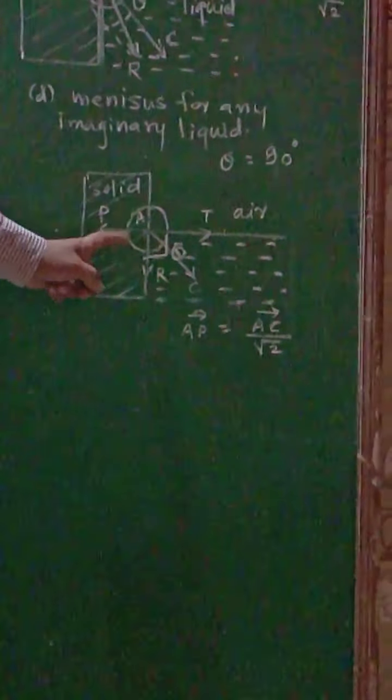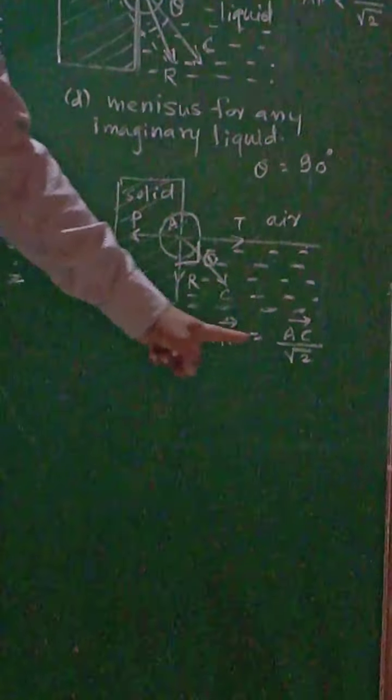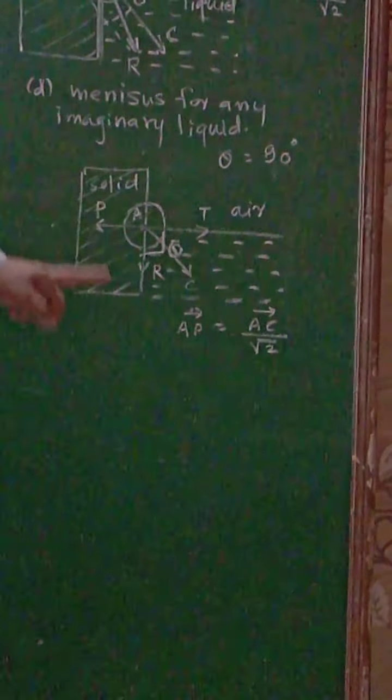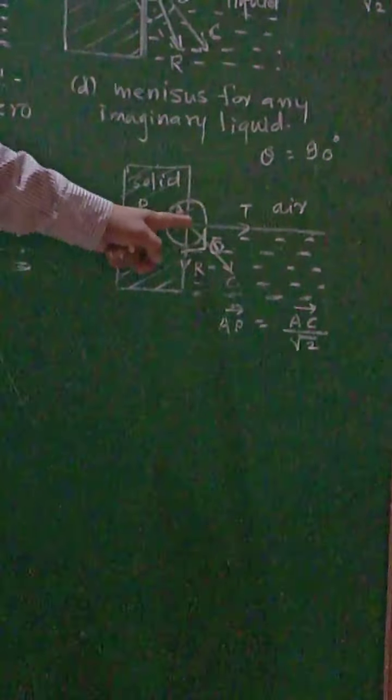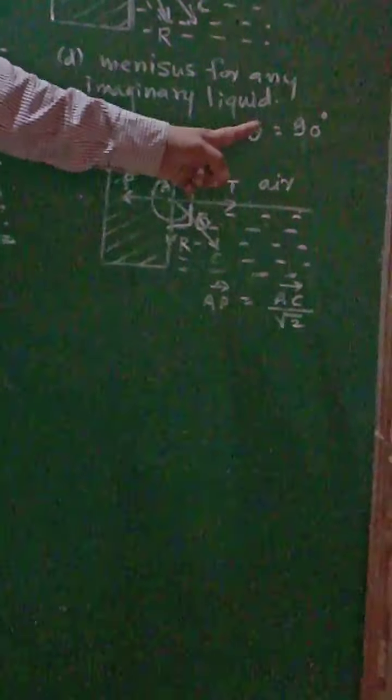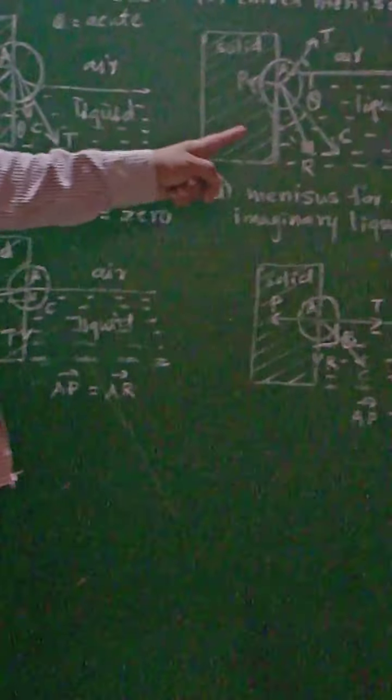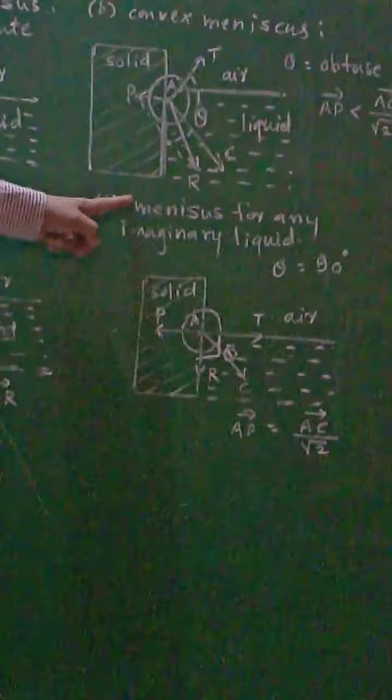Now this will be achieved only when AP equals AC upon root 2. This AP equal to AC upon root 2 will give us theta equal to 90 degrees, but it will be only imaginary or hypothetical.